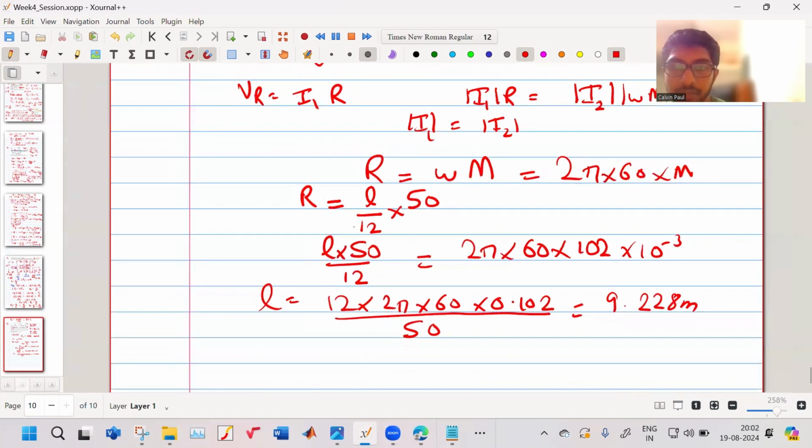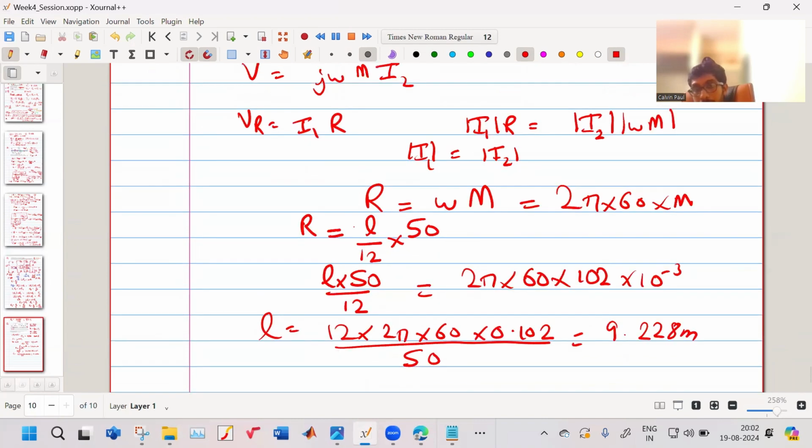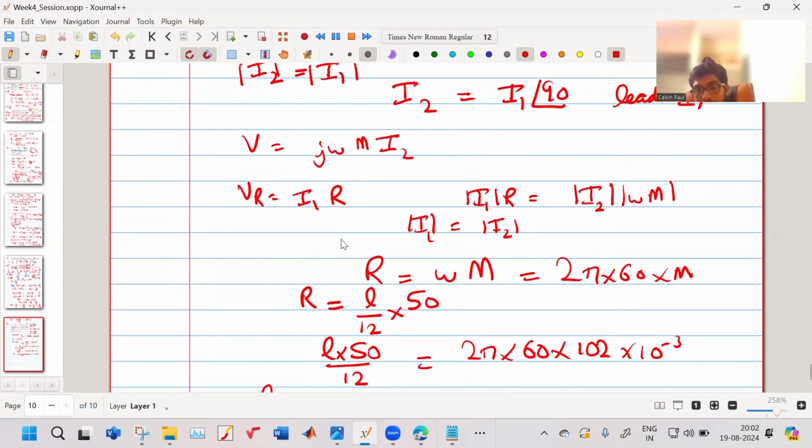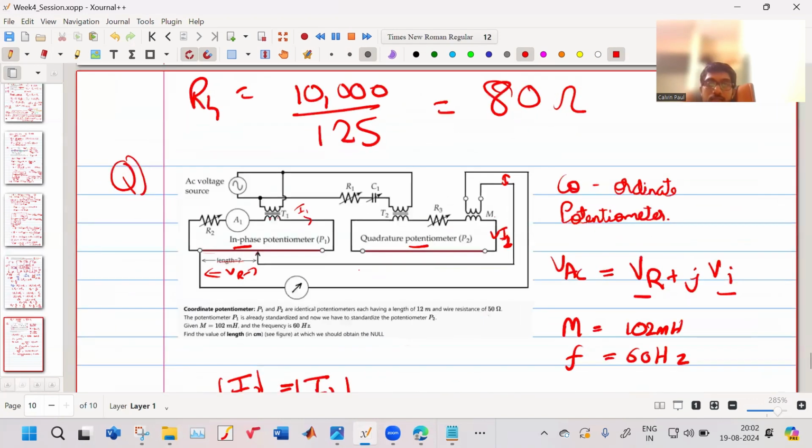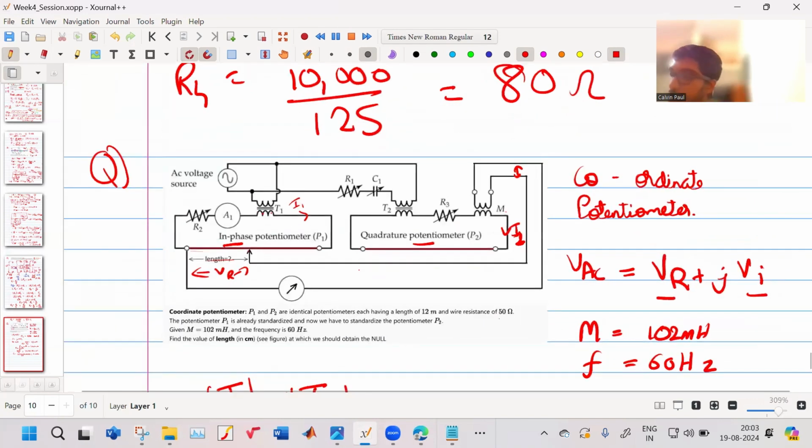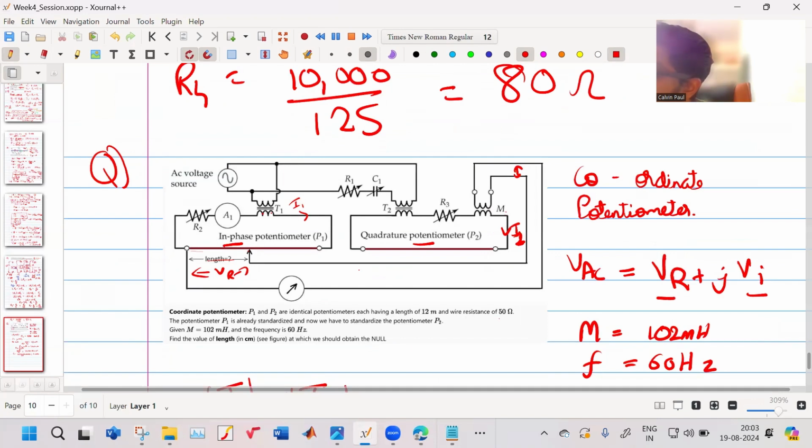Any doubts in this? Why is R equal to L by 12 into 50? Because your total resistance is for 12 meter, but this R is just a small part of it.